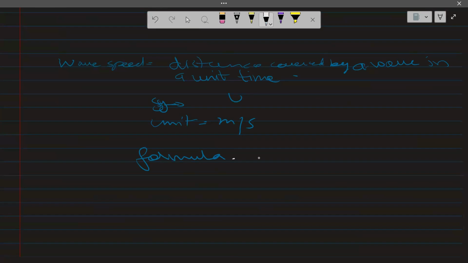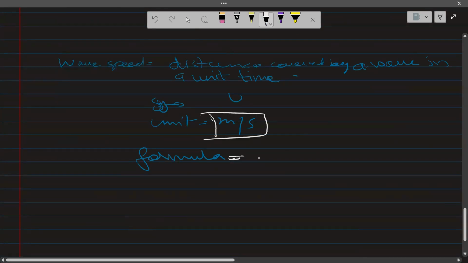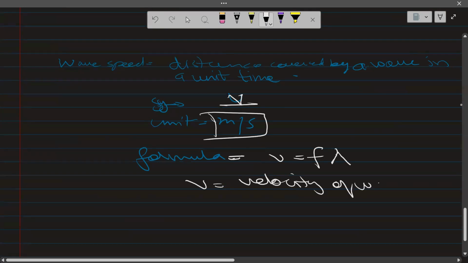So this is m/s, and the symbol is V. The formula is V equals F times lambda. V is the wave speed, the velocity of the wave, F is frequency, and lambda is the wavelength.